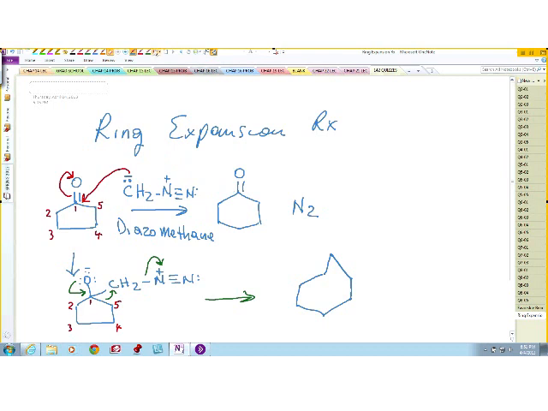Let me label this. The carbonyl is here. So that would be 1, 2, 3. You have 7. I do? Yes. Oh, I'm sorry. Thank you.